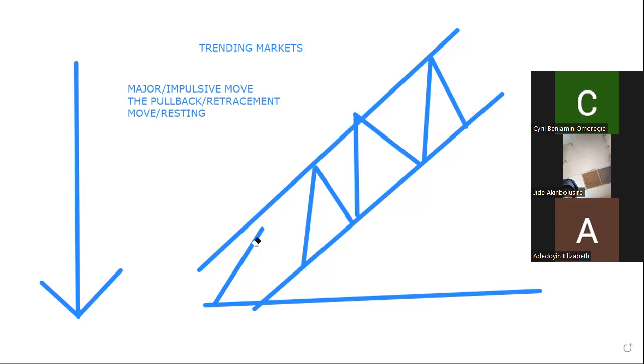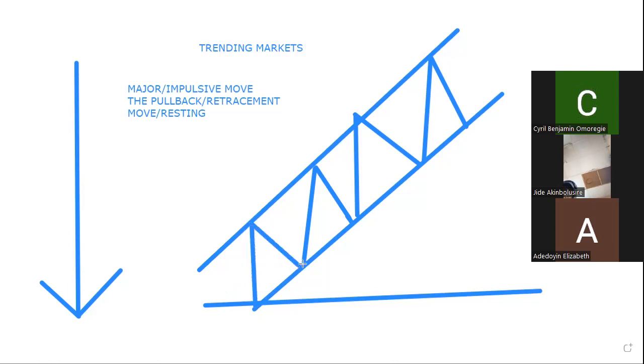Okay, to be sure I and my guy are still on the same page. Remember I said in an uptrend, what's the impulsive move of an uptrend? Buy or sell? Buy move, uptrend. Buy, good.